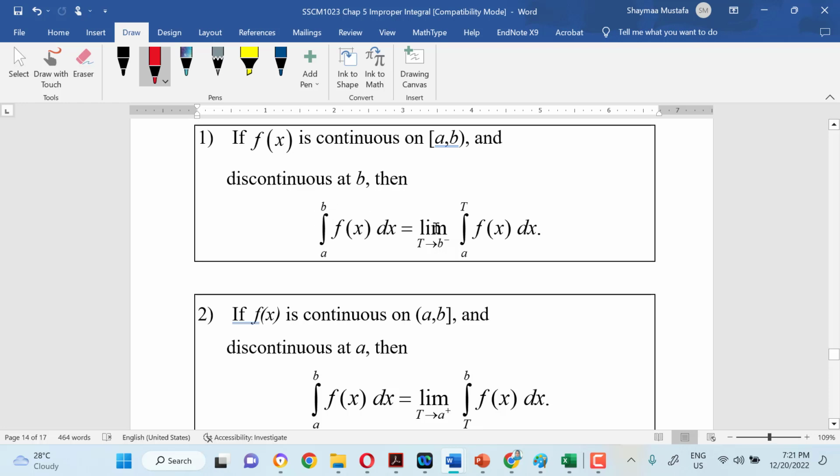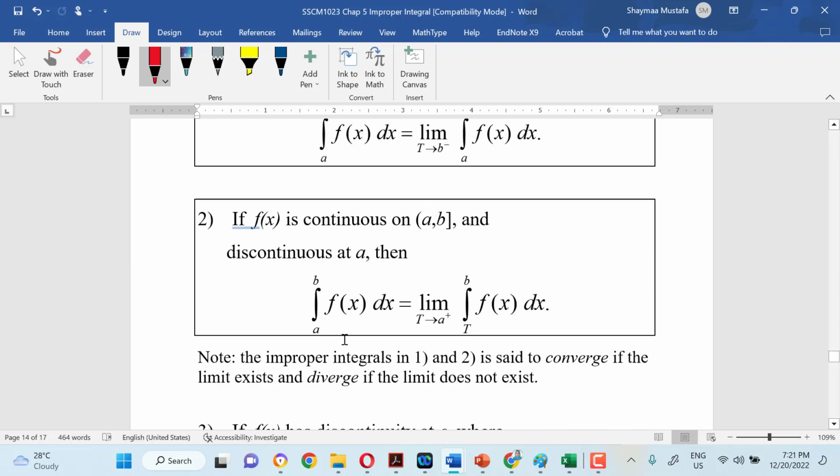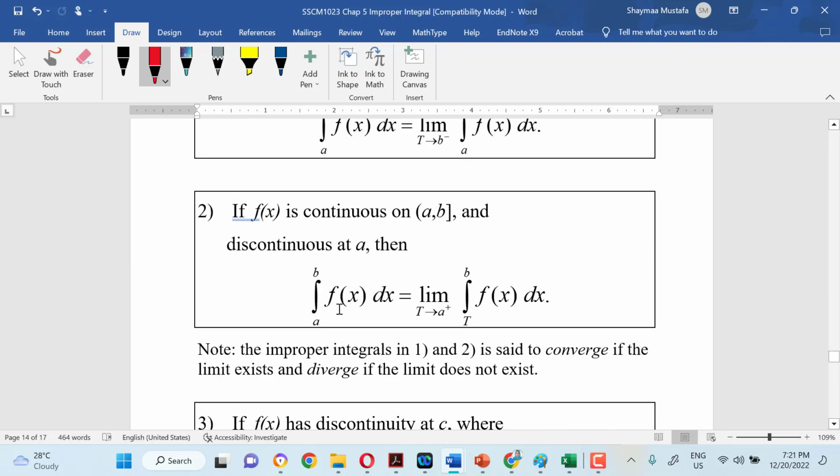So we have to take the limit when t goes to b from the left, of the integral from a to t of f of x dx. Or sometimes the function is undefined at a, so you replace a by a variable t and take the limit when t goes to a from the right, the positive sign here meaning from the right, of the integral of f of x dx.